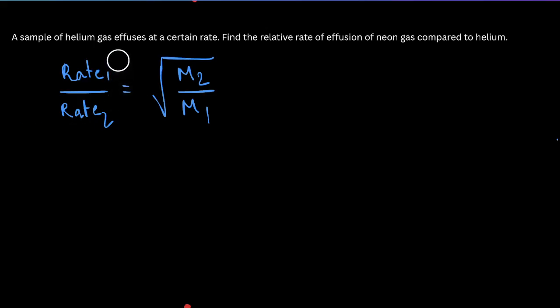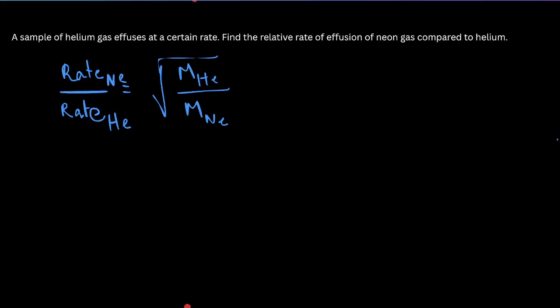Instead of calling it gas 1 and gas 2, let us plug in exactly what we're dealing with in this problem. Let's call neon gas 1. So this is the rate of neon, and this is the rate of helium, divided by the molar mass of helium, remember this is inverted now, over the molar mass of neon.